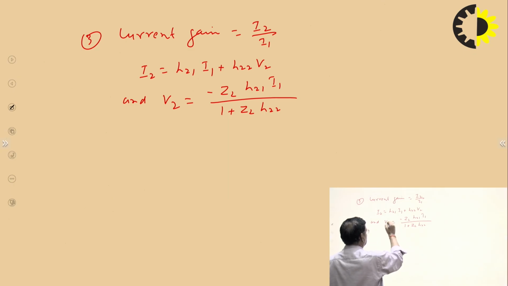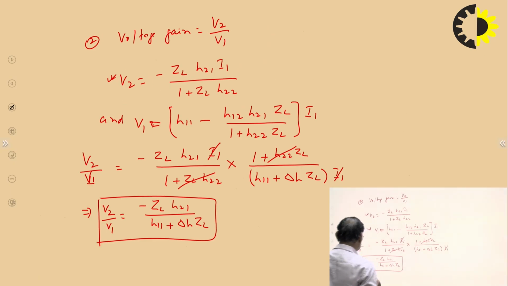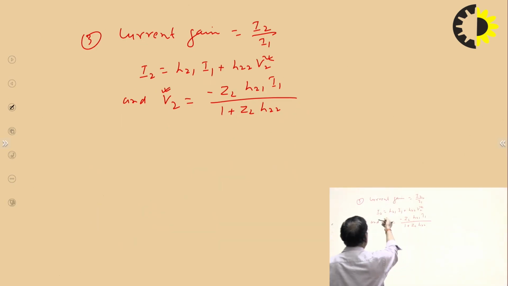So put this V2 here and simplify for I2 upon I1.